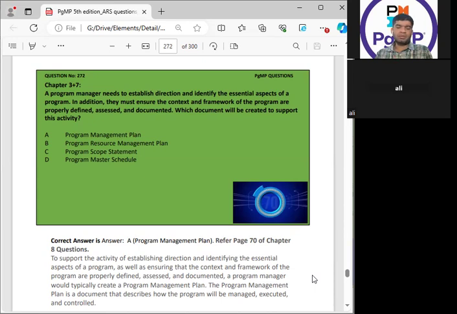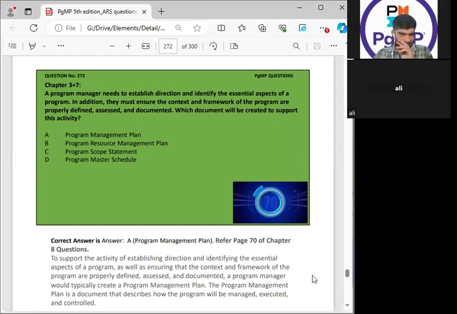Point number 12 is giving the complete package, how benefits will be delivered, plus when they will be delivered. That is the program management plan. In the roadmap, only the evolving aspects like progressive elaboration, including incremental benefits delivery. This type of question will always be in the program management plan, so don't get confused with these things.